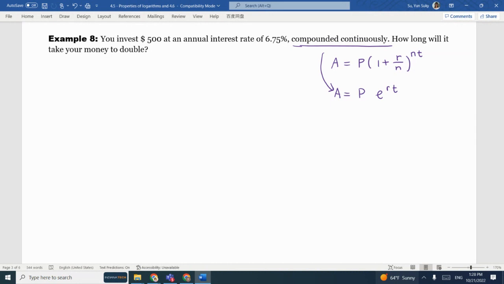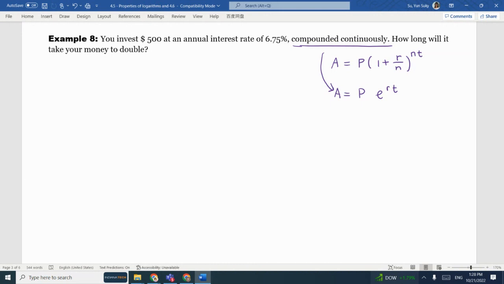So in section 4.1, we learned this. And the example we did was, let's say we know the interest rate and we want to find the money in the account after 6 years. Then you plug in your principal, your rate, and in 6 years you get the amount, right?